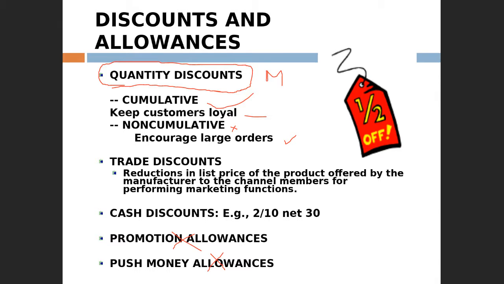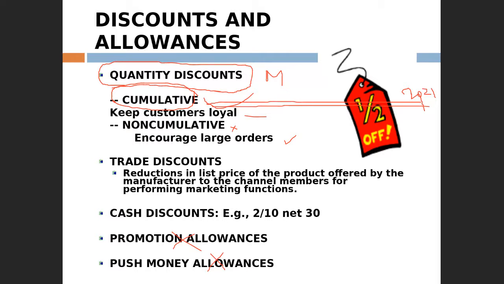What I've told Suman is, look, you keep buying from me and I'll keep track of how many you're buying in January, February, March, April, May, June, July, August, all the way till December 2021. And then I'll add up all your purchases and I'll give you a discount on the entire volume that you have purchased in 2021.